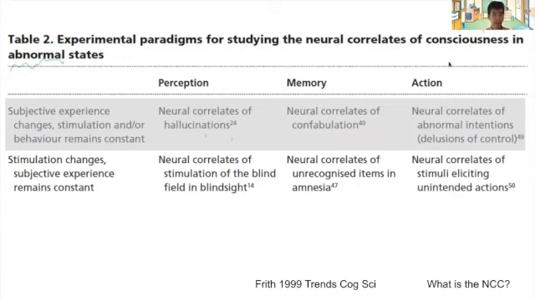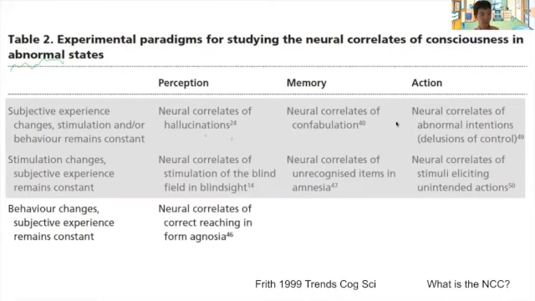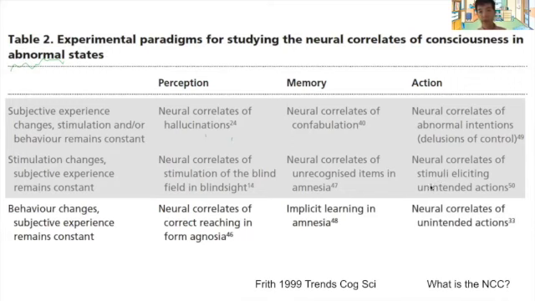And then behavior changes, subjective experience remains constant: reaching in agnosia. Here, agnosia is a condition in which a person does not see the object, regardless of their ability to reach to the object and so on, which we'll cover again two weeks from now. And then implicit learning in amnesia patients, which we covered already. And then neural correlates of unintended actions, a similar story again.